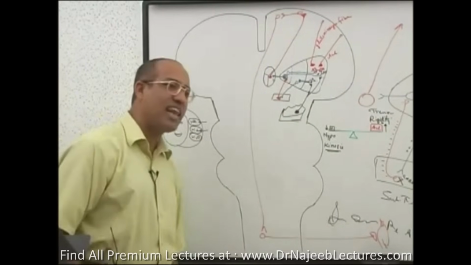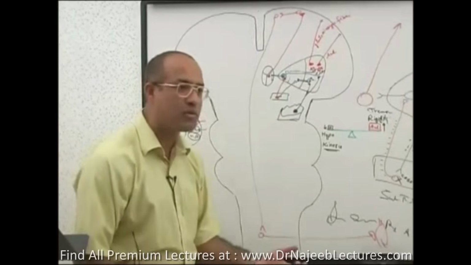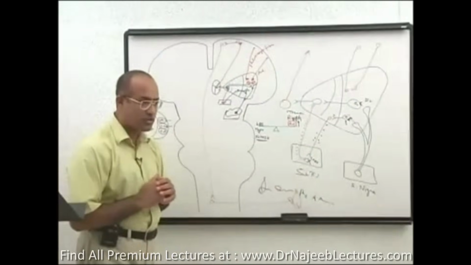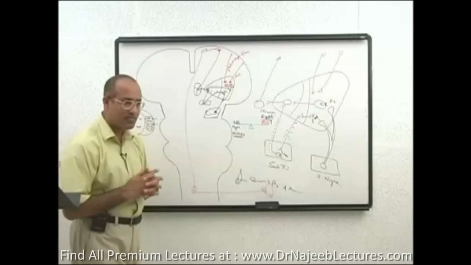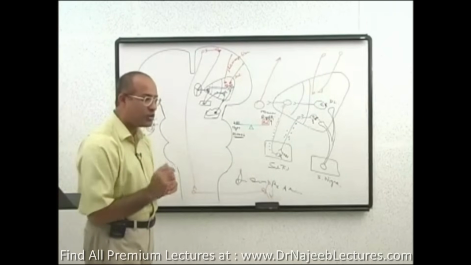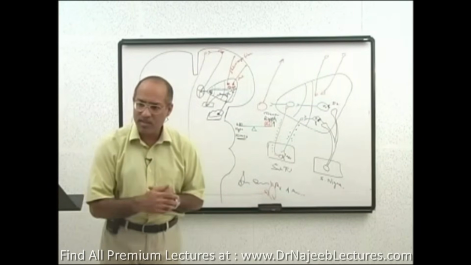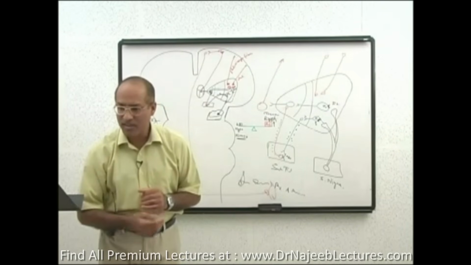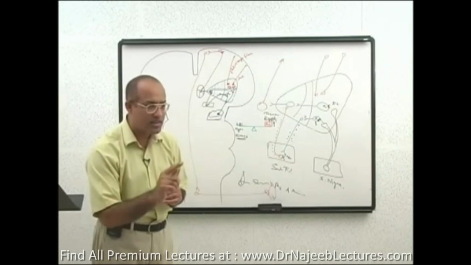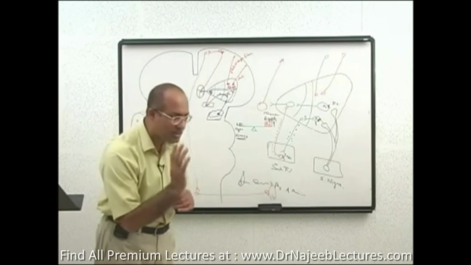But Parkinson's-like syndrome can also develop due to some other problems. For example, if I give you drugs which can block dopamine receptors, the antipsychotic drugs are anti-dopaminergic drugs. Typical antipsychotic drugs are the dopamine receptor blockers.